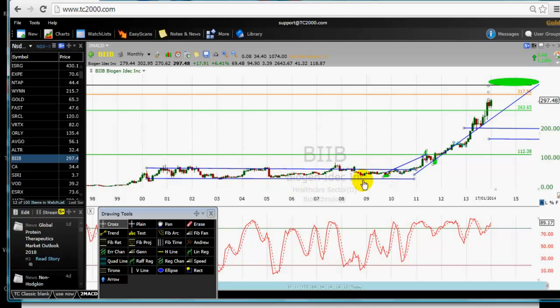Yes, it did. You can see here for the first time it breaks above this consolidation zone. But look at the candlestick pattern: it was an inverted hammer followed by a doji. You do not see a first Elliott wave ending with an inverted hammer or a doji.